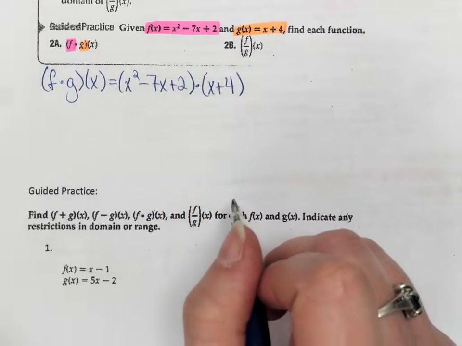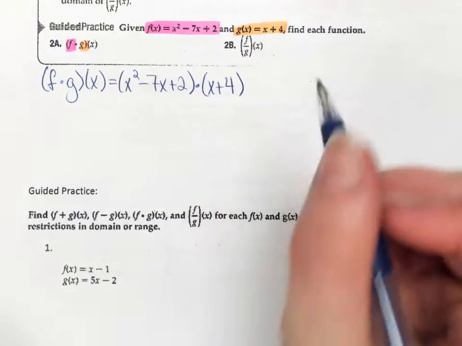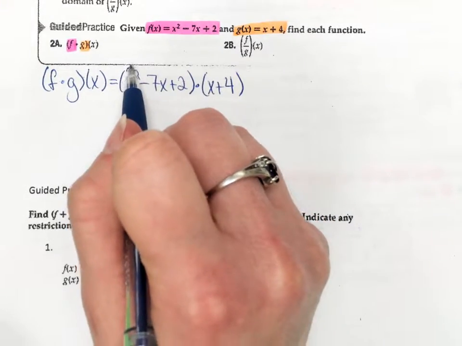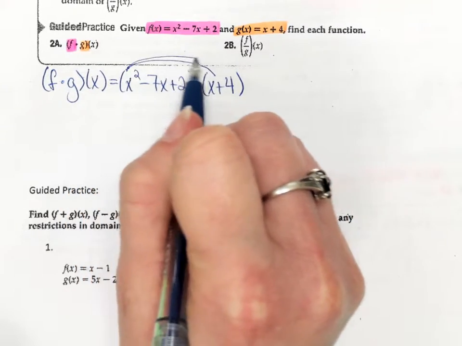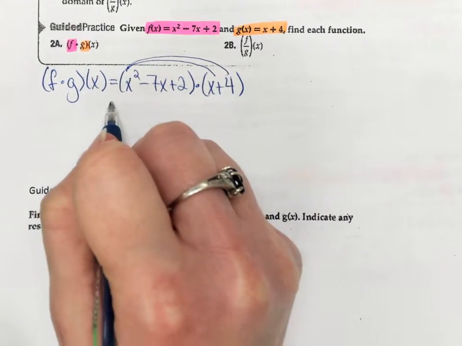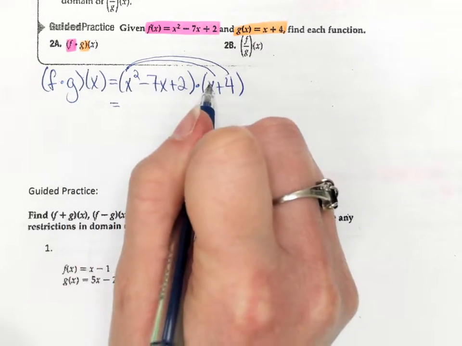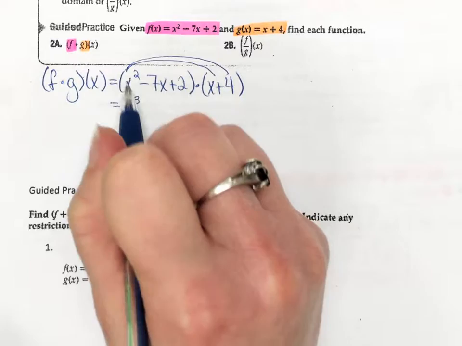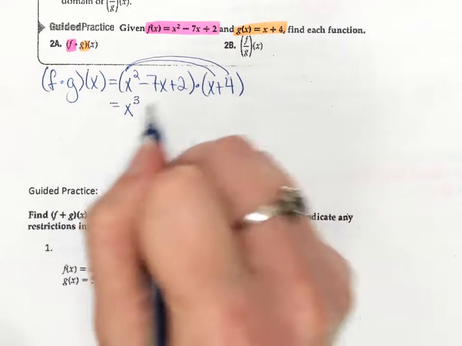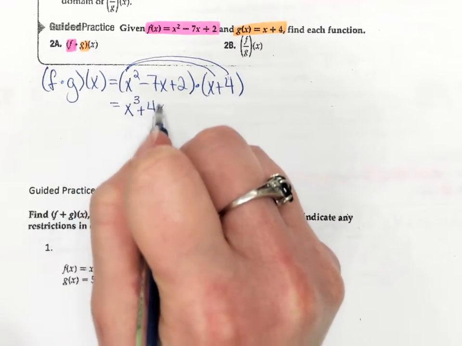Okay, it's been a minute since we've done this. So here we go. Here's what we're going to do. We're going to distribute the x squared to both terms. So here we go. X squared times x is x to the third. And x squared times 4 is 4x squared.